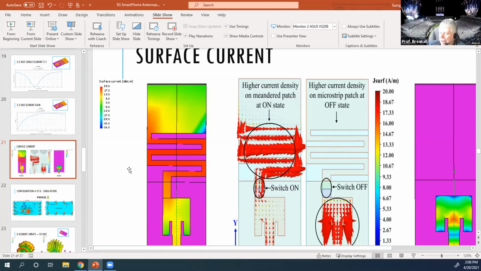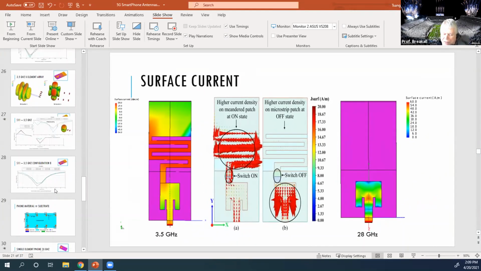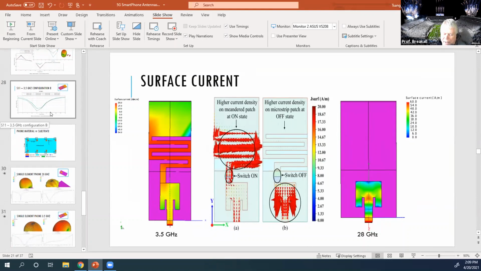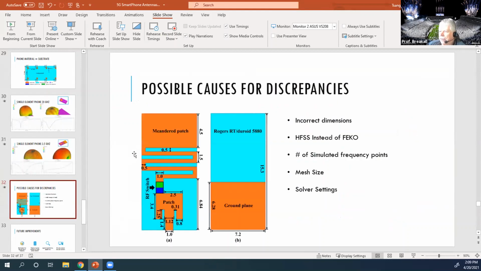The only other question I have is, you said method of moments, but did you try, especially with the arrays, the MLFMM option in the method of moments under solver settings that would make it go faster? There was a default solver setting that, when I looked up tutorials, it said to use this for arrays. But whenever you do a patch array, you should use a method of moments.